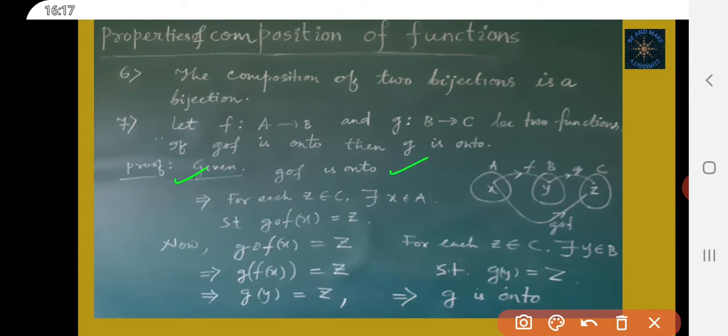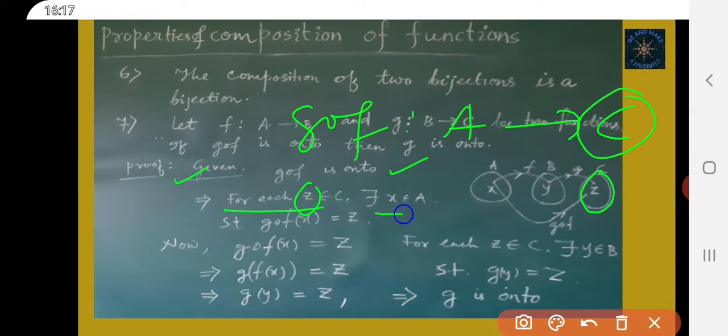As it is onto, so we can write gof mapping from A to C. So we can write for each element of C, that is z, for each z is an element of C, there exists x in set A such that gof of x is equal to z, by the definition.